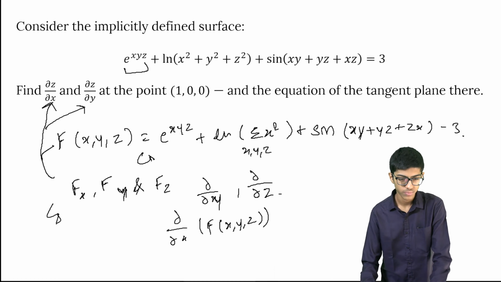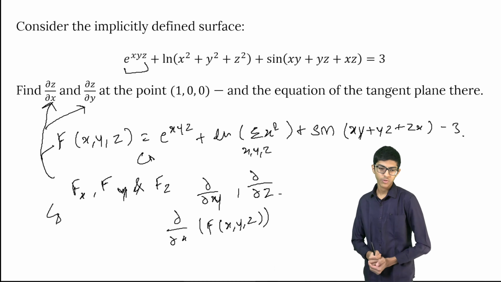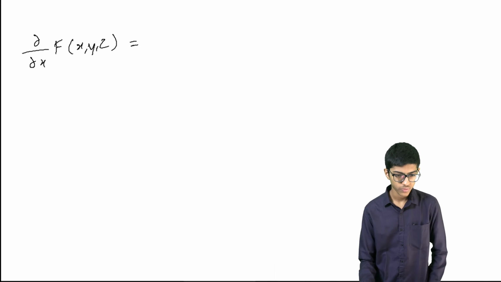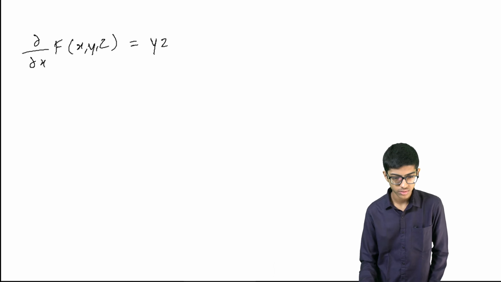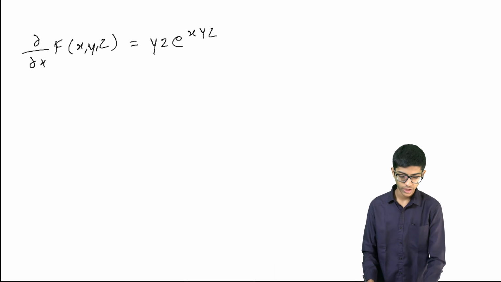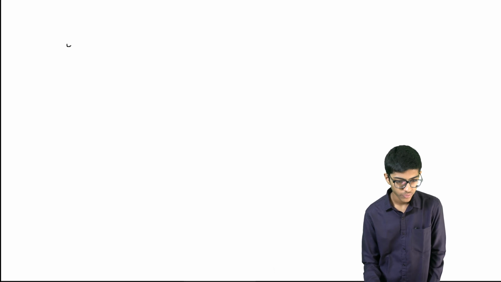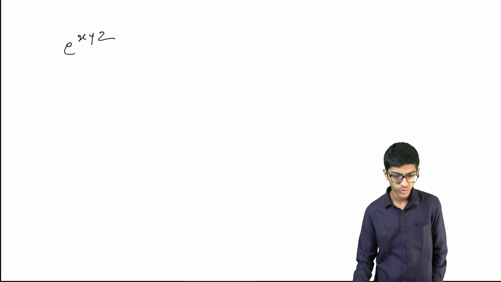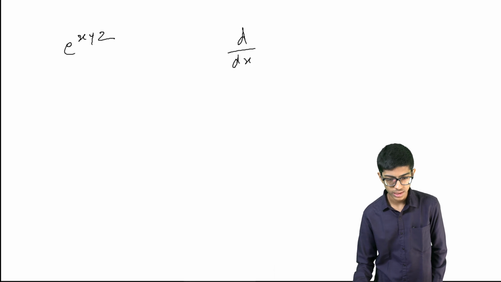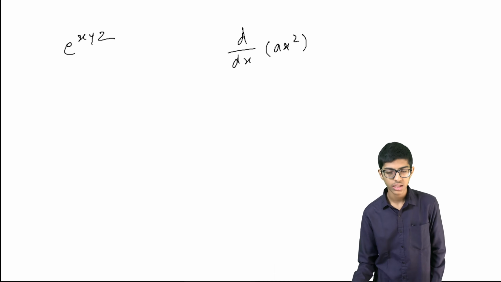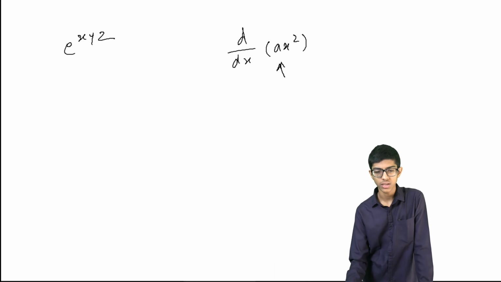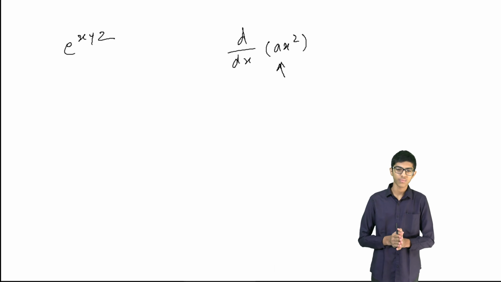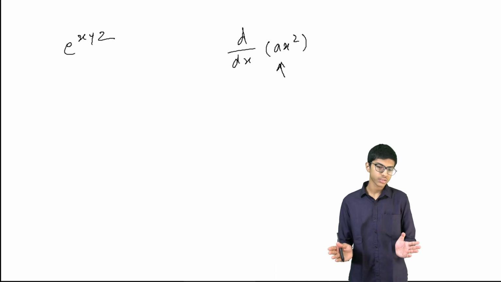we first take the partial derivative of e raised to xyz with respect to x, and that is yz e raised to xyz. So how do we get it? We have e raised to xyz. In normal differentiation, when we have d by dx of ax square, for example, we assume that a is a constant, or a is invariant with respect to x.